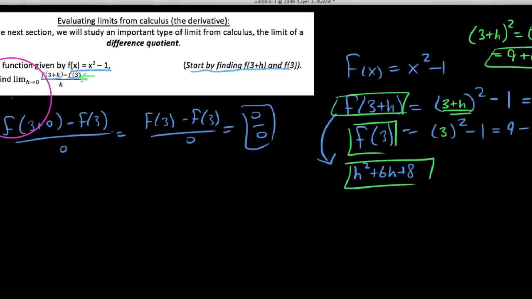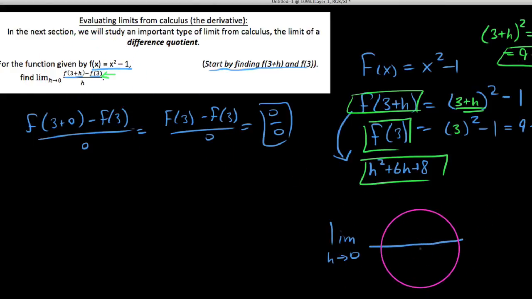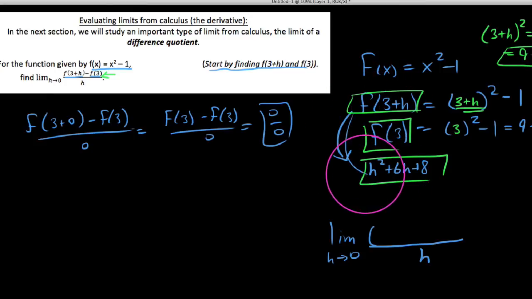Now we can eliminate some things once we evaluate this limit. We started off with the limit as h goes to 0 of f of 3 plus h minus f of 3 all over h. It is still all over h. It's just that we now know f of 3 plus h is h squared plus 6h plus 8.